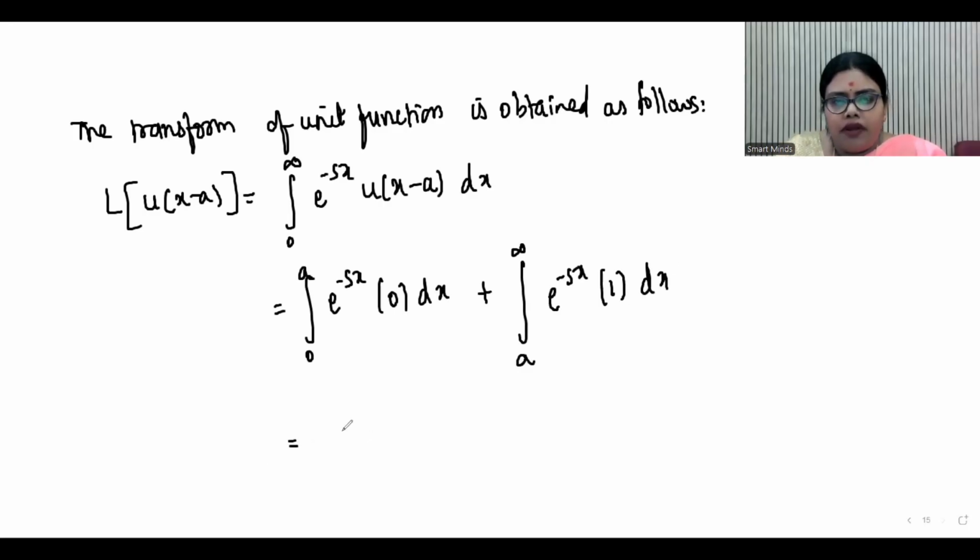So if you simplify this, you will get e power minus sx by minus s. First term anyhow it will become 0, and we are doing it for the second term, a to infinity. If you apply upper limit minus lower limit, you will get e power minus as by s.